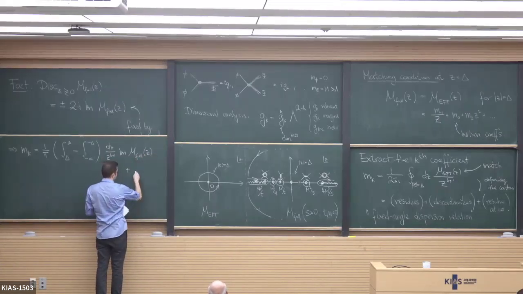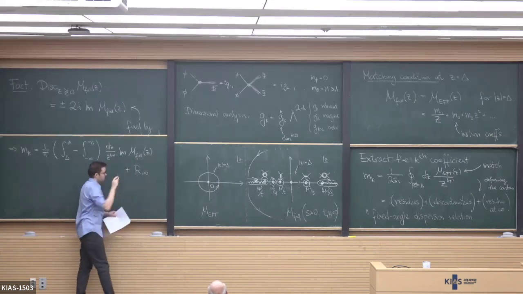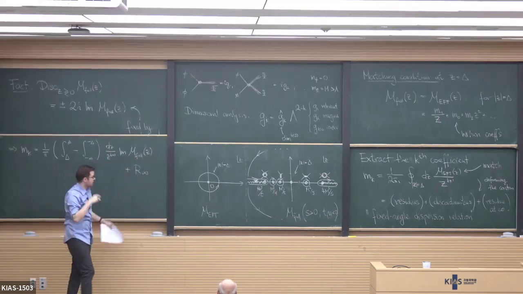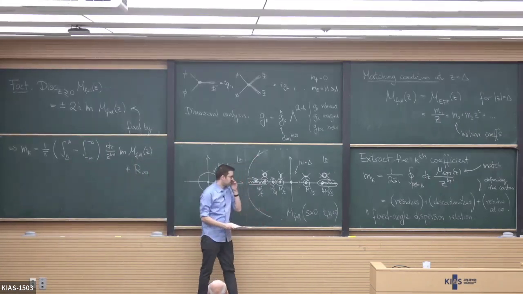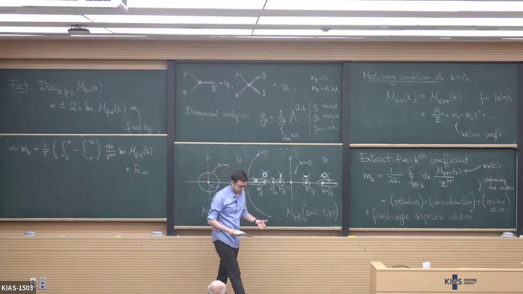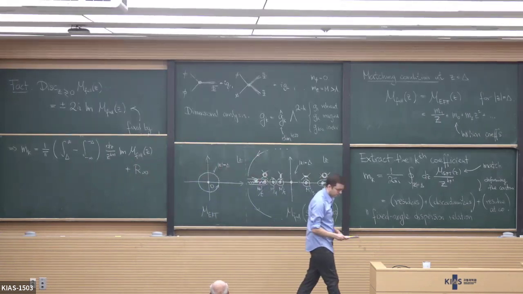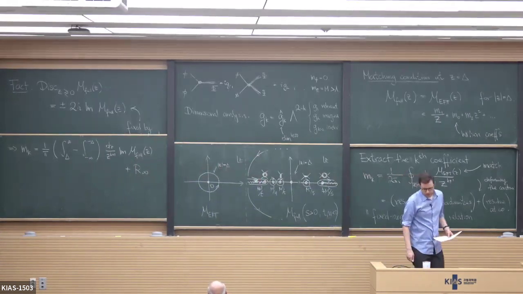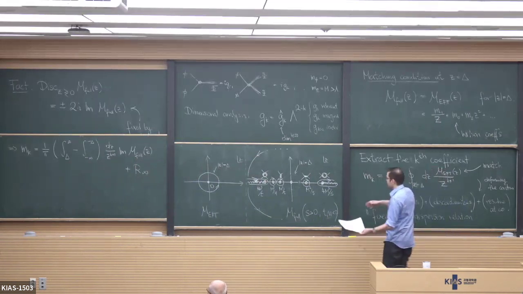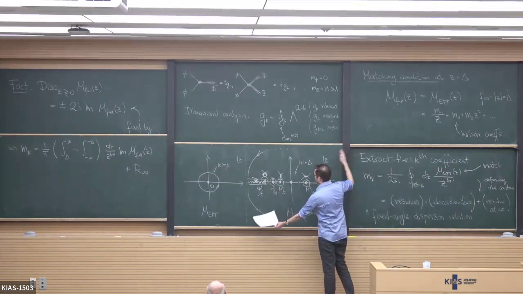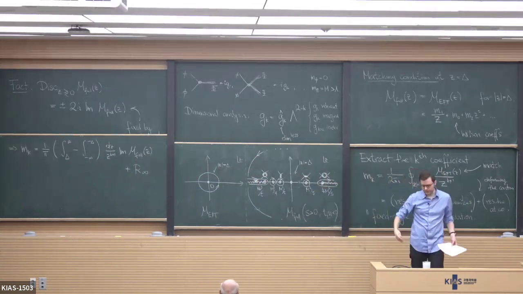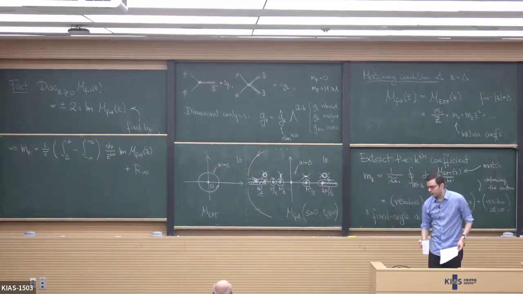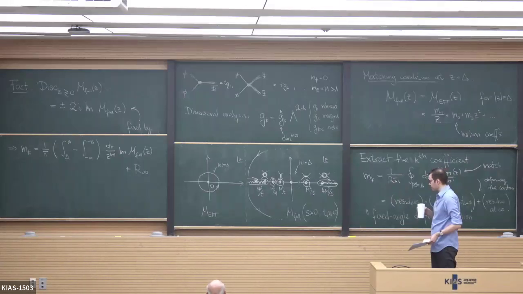The only potential sticking point could be this issue with the residue at infinity. But it turns out that you can actually do this analysis if you do it diagram by diagram in perturbation theory. What happens is that the z dependence at asymptotic z is very simple. So my integral is going to look like z to some power, and I have to do a contour integral over z.